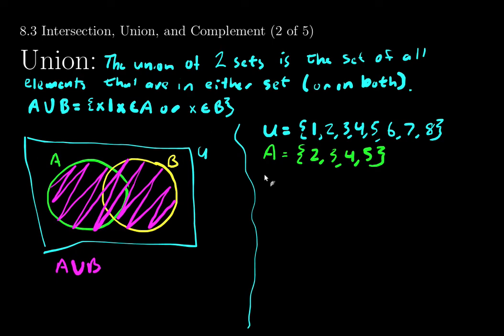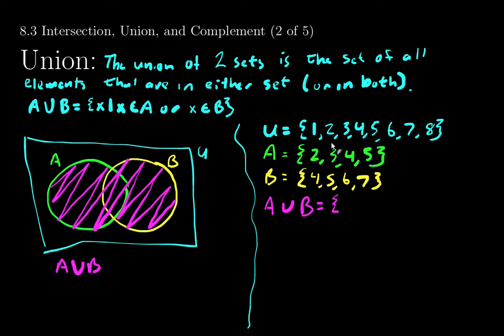And we consider set B as the integers from 4 to 7. Then A union B will be the set that contains anything that's in A or in B or both.